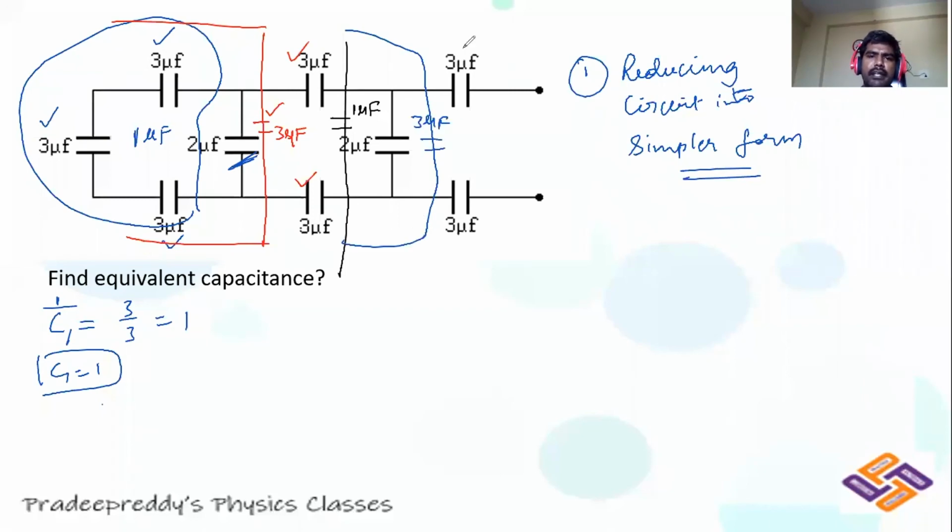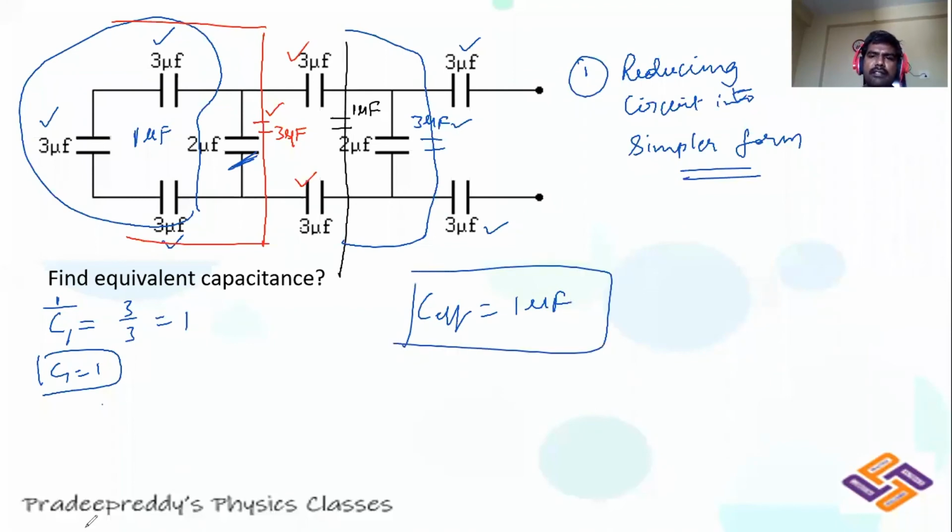Finally, 3 microfarad, 3 microfarad, 3 microfarad, all three are connected in series. So therefore, C effective will be equal to 1 microfarad. This is the final answer. And this is the simplest way. This method is valid if you are able to identify the combinations of the capacitors. So if you are able to reduce the circuit into simpler ways, then you can use this method and we can find out the effective capacitance in the easier way.